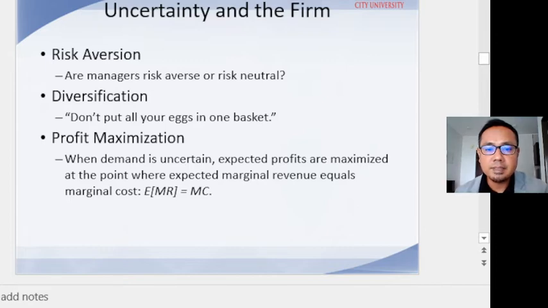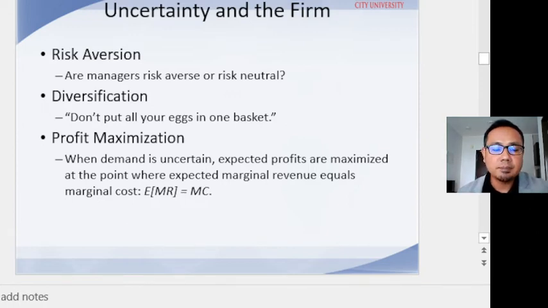We have seen that the presence of uncertainty has a direct impact on consumer behavior, and that the firm's manager must take this effect into account to fully understand the nature of consumer demand. So uncertainty also affects the manager's input and output decisions. In this section, we will examine the implications of uncertainty for production and output decisions.